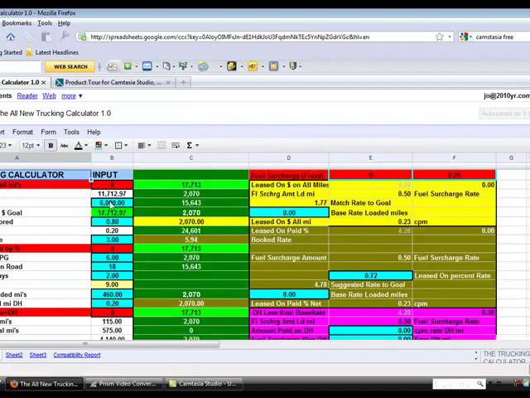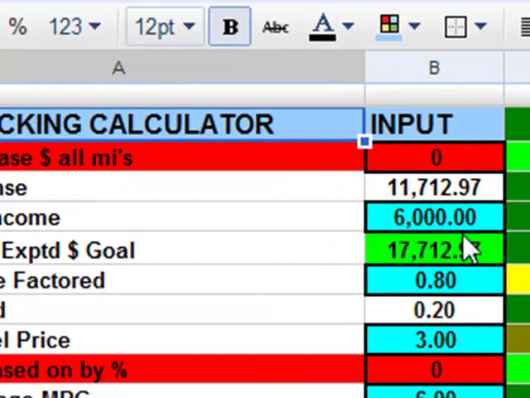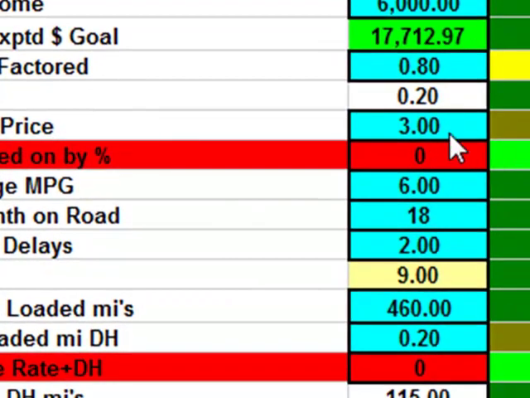And then you put in what your expected income is. If you factor, everybody doesn't factor, what percent are you factoring? It'll calculate how much your loss or your expense is. Your fuel price per gallon, your miles per gallon, how many days you're out, how many days per load.